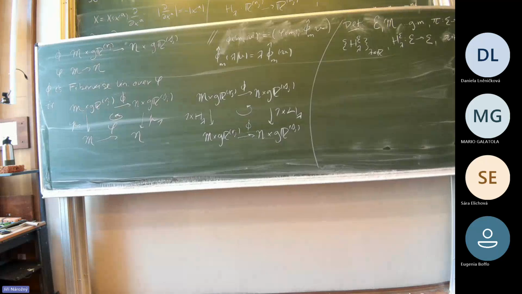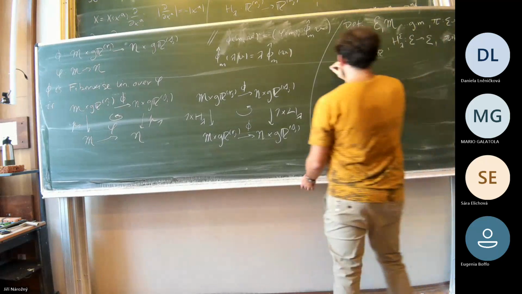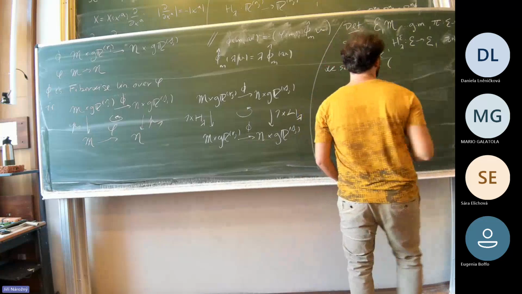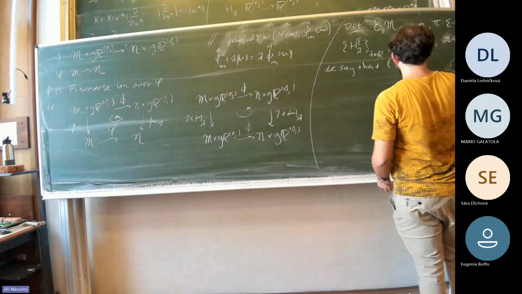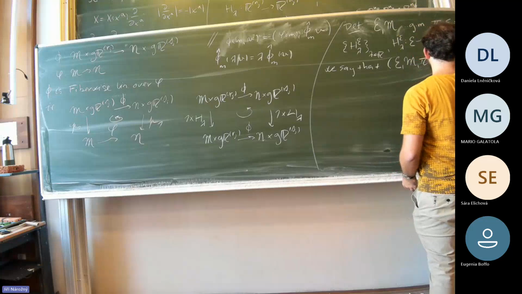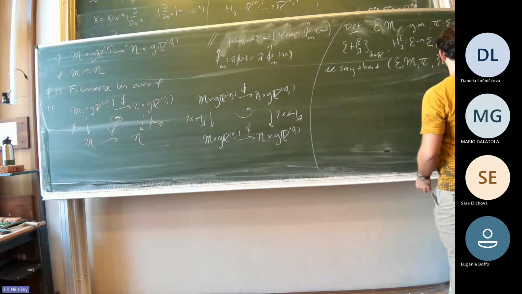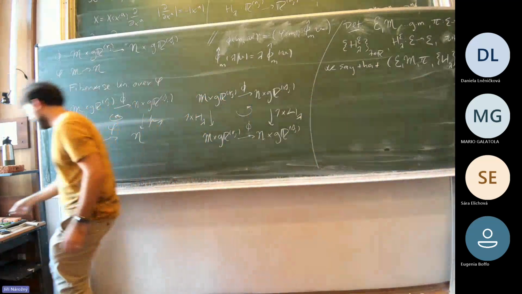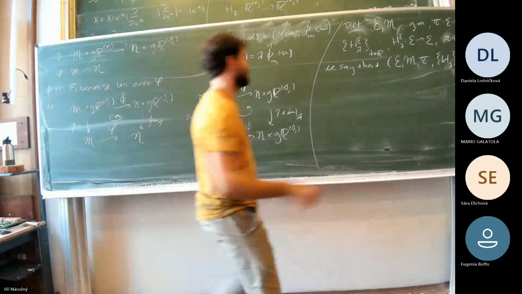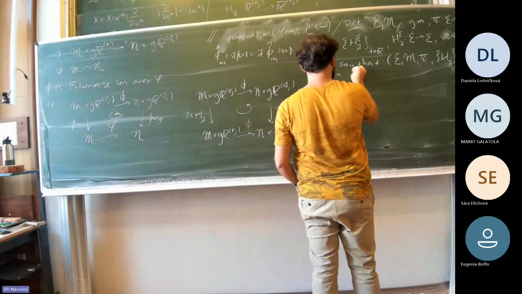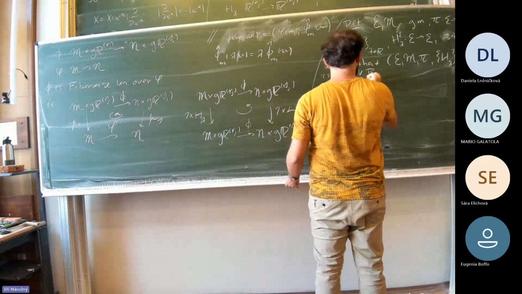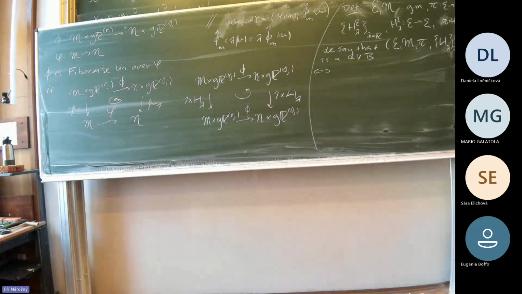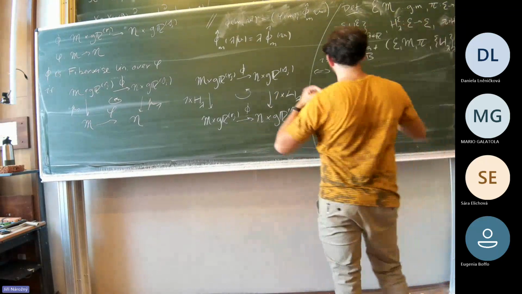Okay, so this is all the information that we have, and we say that the quadruple E, M, pi, h lambda is a graded vector bundle. That's not all of it, but we need it locally to look like that.